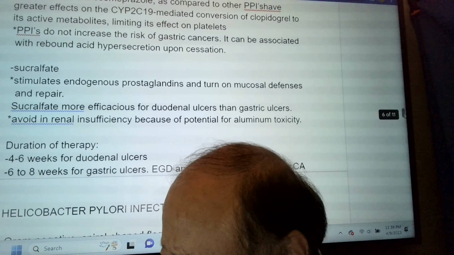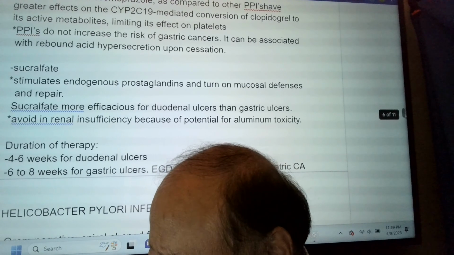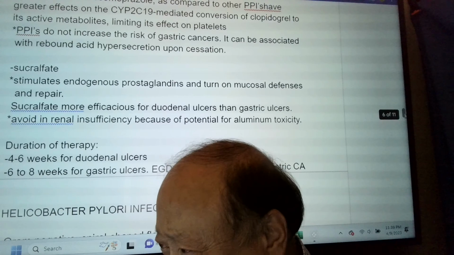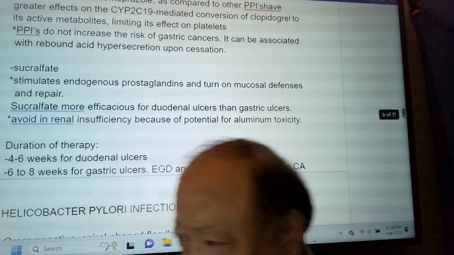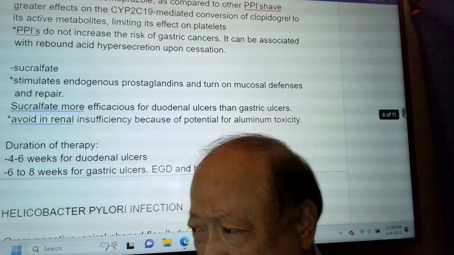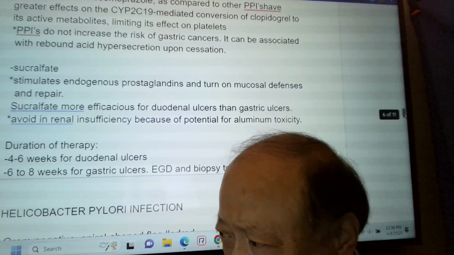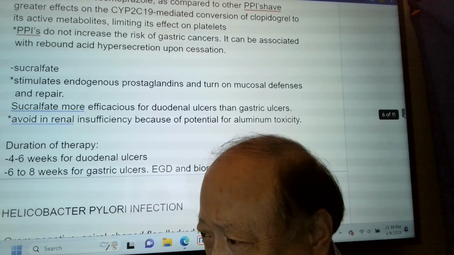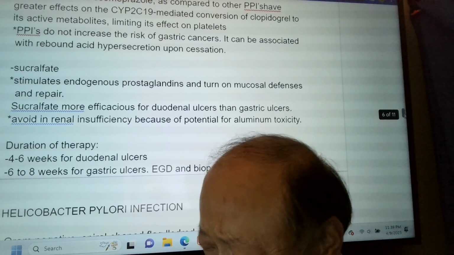So if a patient is taking clopidogrel, don't think about using omeprazole or esomeprazole. Anyway, PPIs do not have the risk of increasing gastric cancer. They can be associated with rebound acid hypersecretion upon cessation, however.